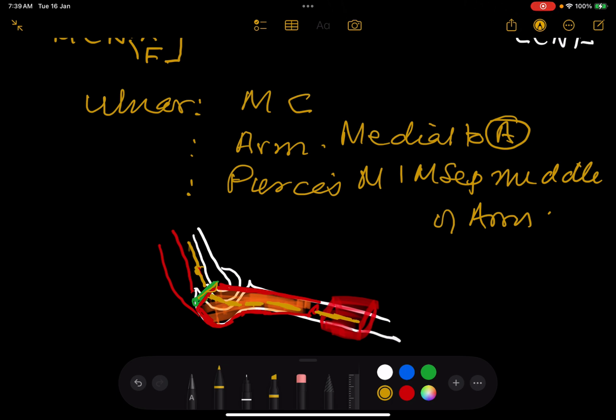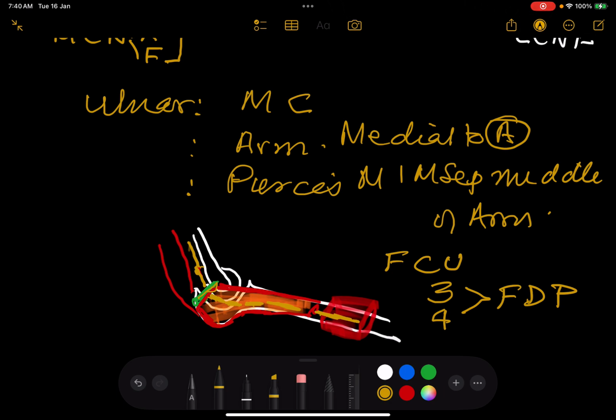At this point, the ulnar nerve will supply the flexor carpi ulnaris and half of flexor digitorum profundus. That means the part of flexor digitorum profundus going to the third and fourth fingers will be supplied by the ulnar nerve.